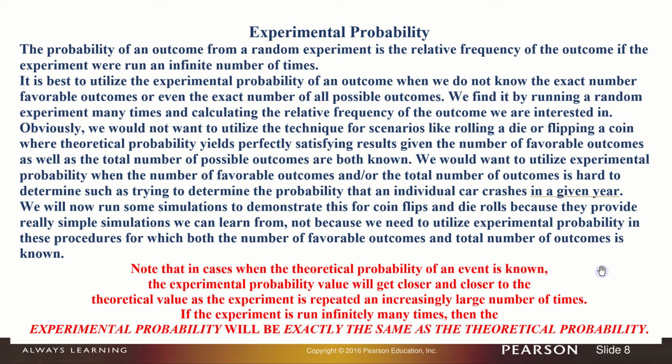And in fact, once the number of runs becomes infinite, it becomes exactly the same value you would have obtained using theoretical probability. We will do an experiment now for both coin flips and dice on StatCrunch to show you what we mean here, and it's very interesting how it works out.